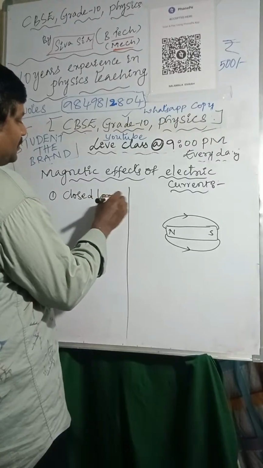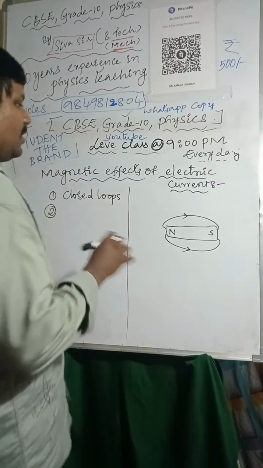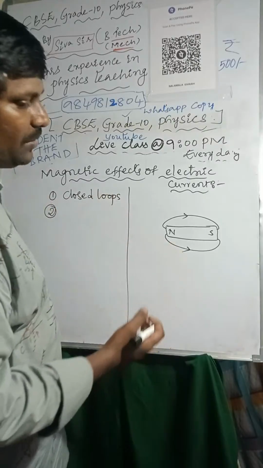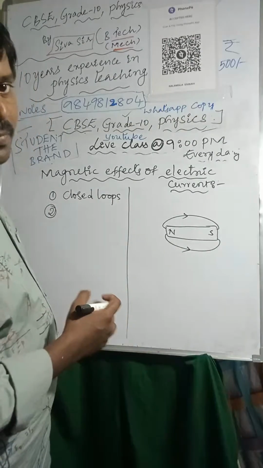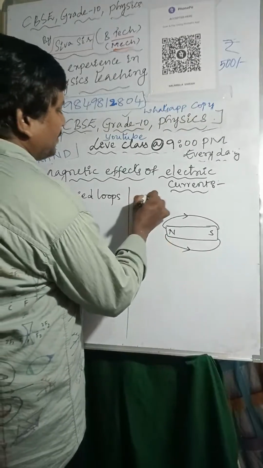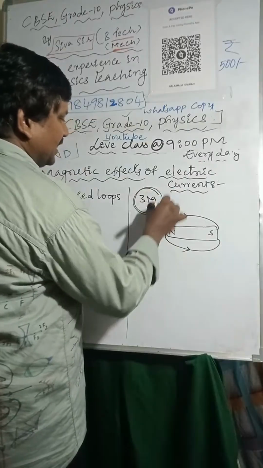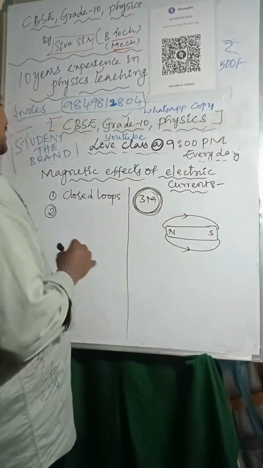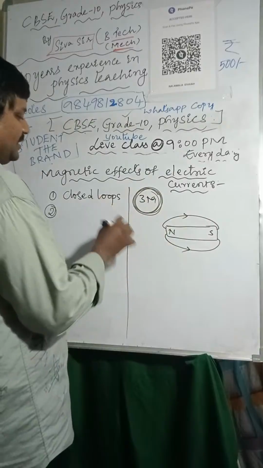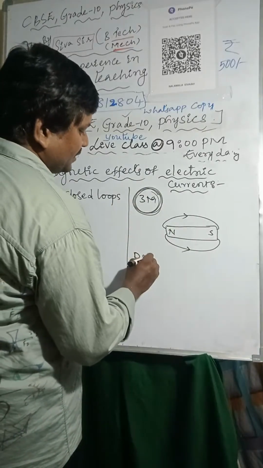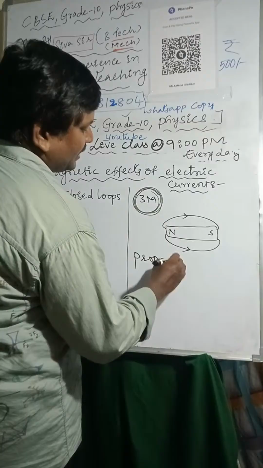Coming to the second point, I'm recalling the topic once again because it is very important. A 3 marks question will come from this chapter, especially on these properties of magnetic field lines. So what are the properties of magnetic field lines?